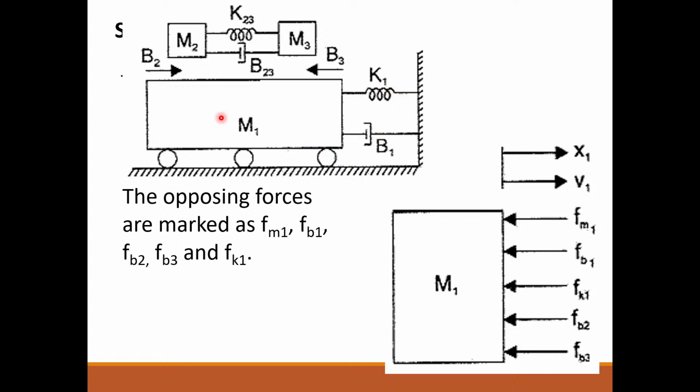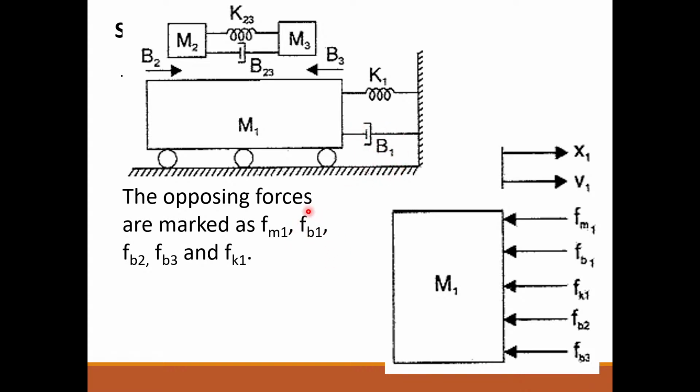So opposing forces: one opposing force is due to the mass itself, M1, that is FM1. You can see I have written here FM1. Another opposing force is due to this elastic element K1, so FK1. Another is due to this frictional element B1, so FB1.